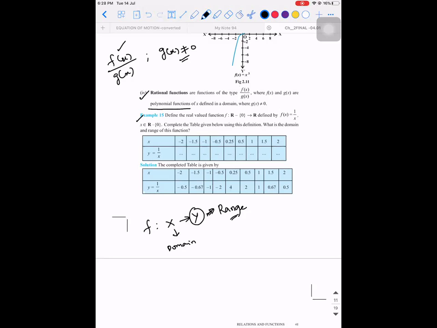What is the address of a function? It is the domain and the range of a function. It will be given in the question itself. If not given, you should know how to find it. Keeping that in mind, define the real valued function. There is a function which is mapped from R minus 0 to R. What is the meaning of this?